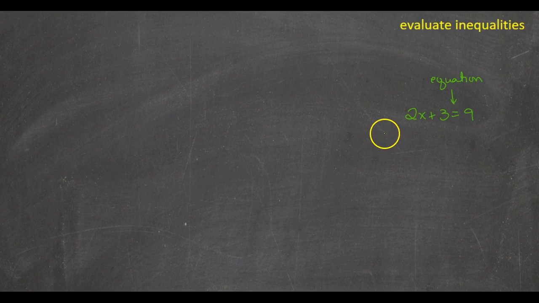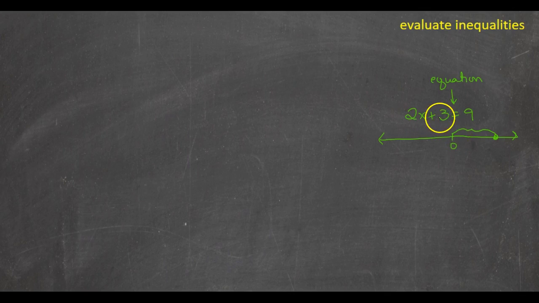So if I were to put this on a number line, what I'm really saying is that the right-hand side of the equation has the value of 9, meaning it's exactly 9 units away from 0 in the positive direction because it's a positive 9, that the left-hand side has to be exactly the same distance away from 0.